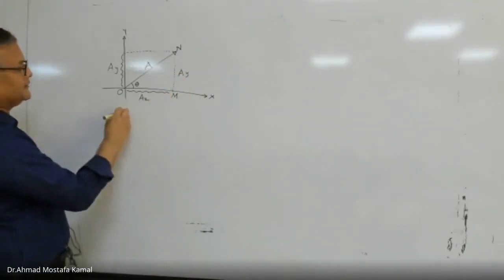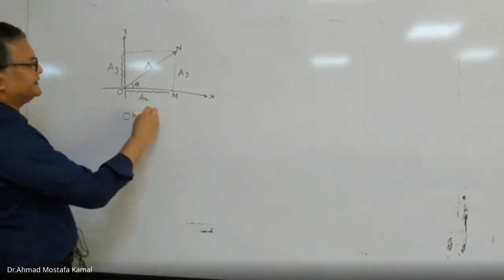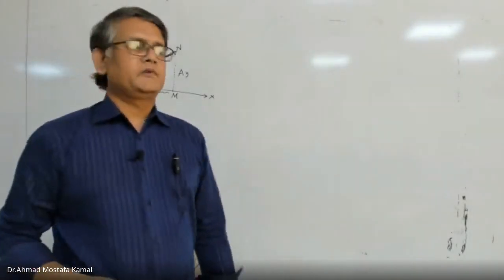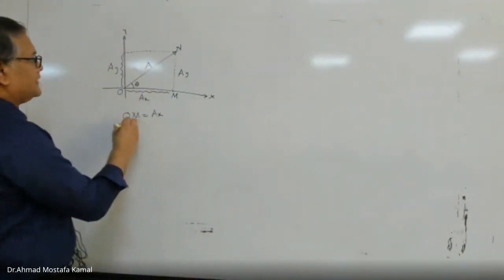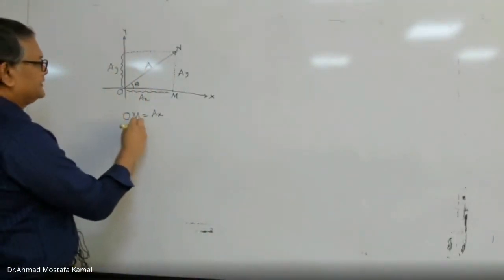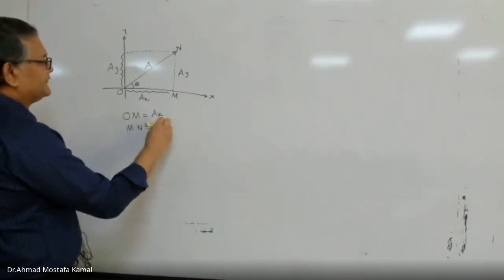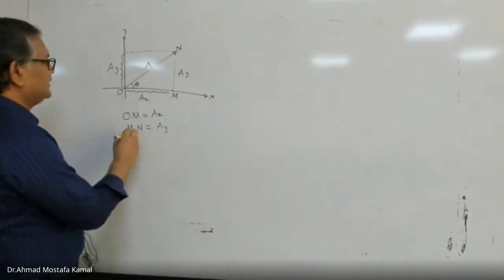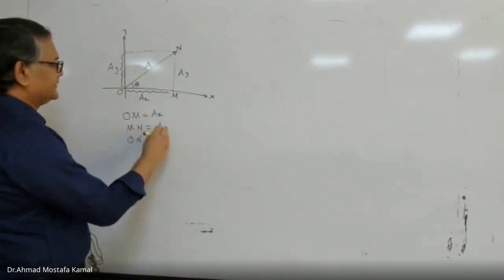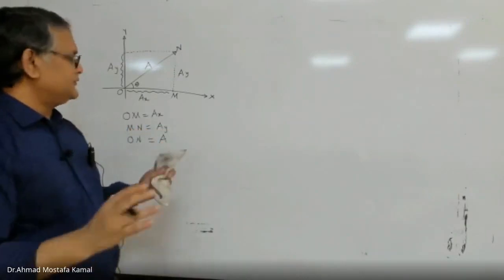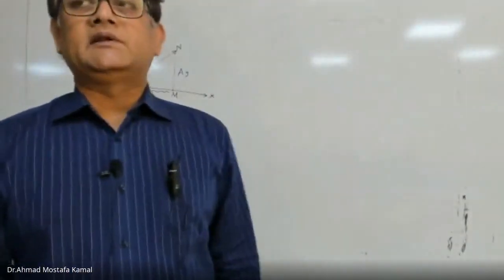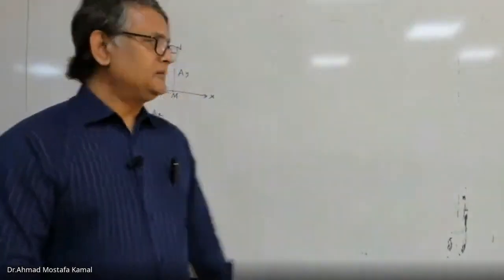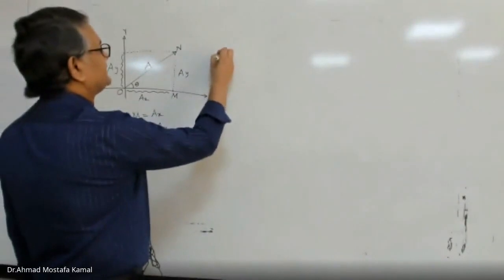So you may write that OM is equal to AX, which is the x component of the vector, the horizontal component, and the vertical component is AY, and then the magnitude of the vector is A. If we want to find the relationship between AX, AY, and A, it will be easy to define sine theta, cos theta, and tan theta.